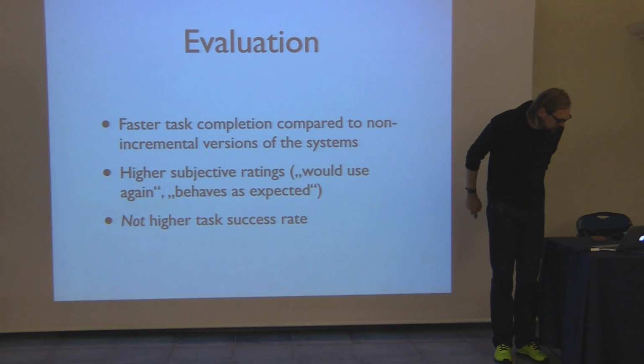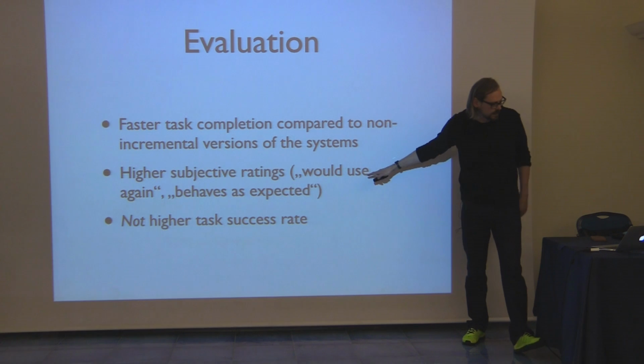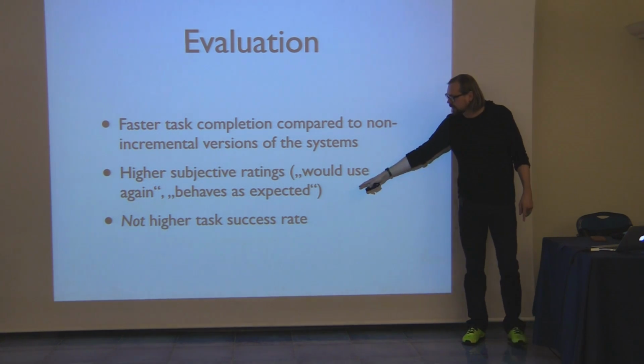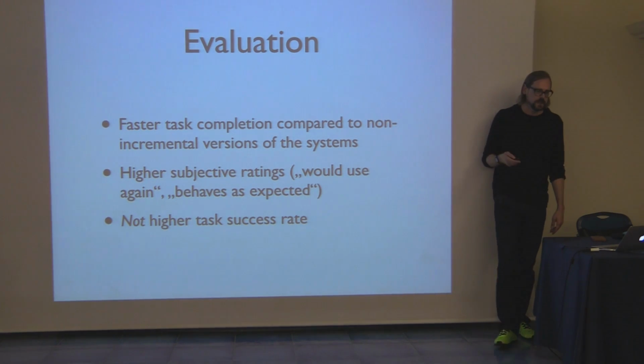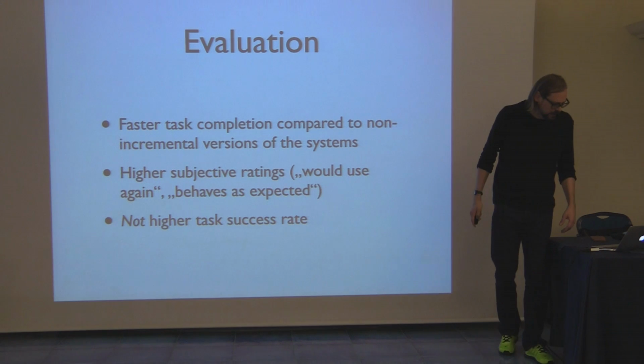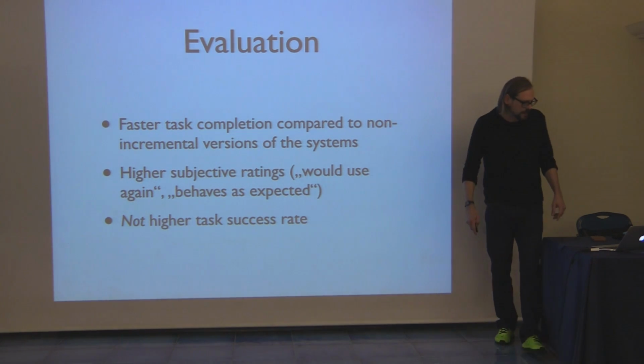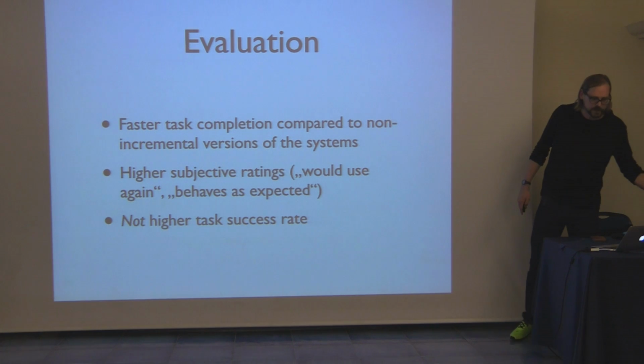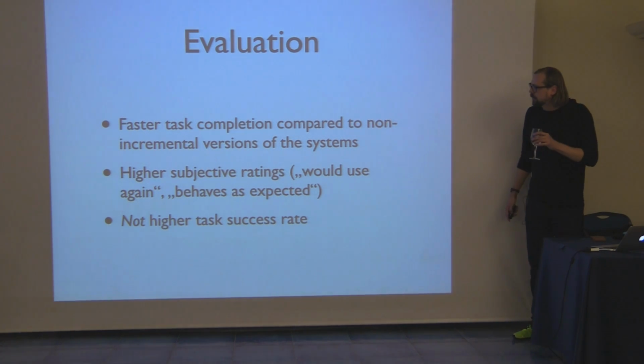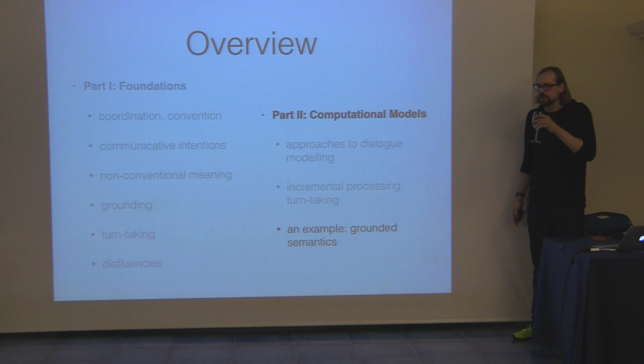So yeah, people like that. Interestingly, it's not necessarily a higher success rate, but people judge this as more natural interactions. Okay, so that was the part on incremental processing, where we try to be faster with our decisions.